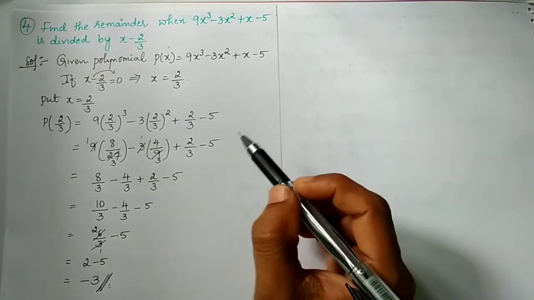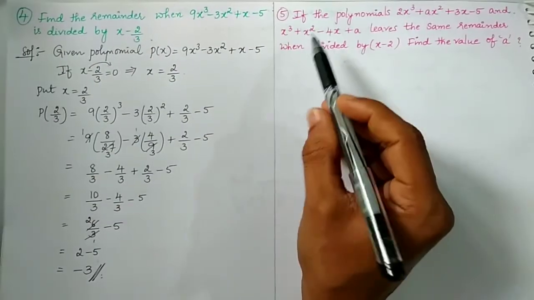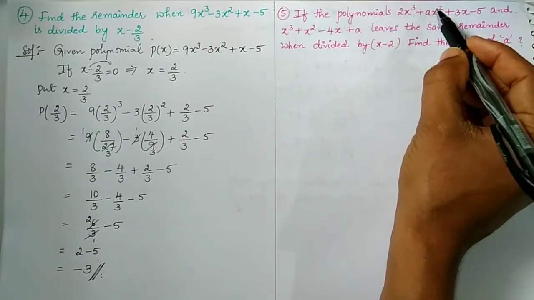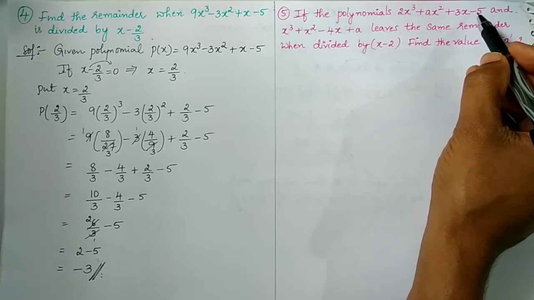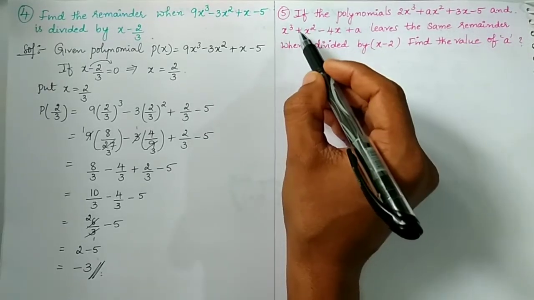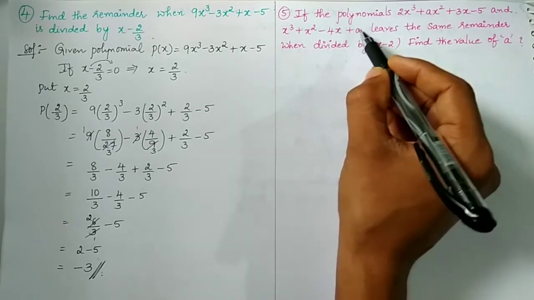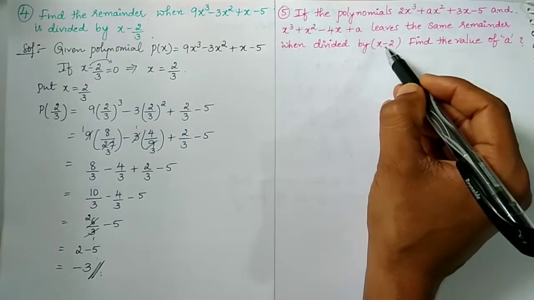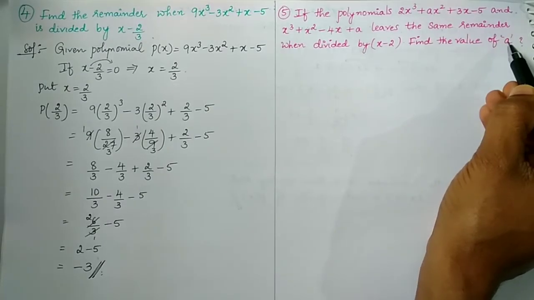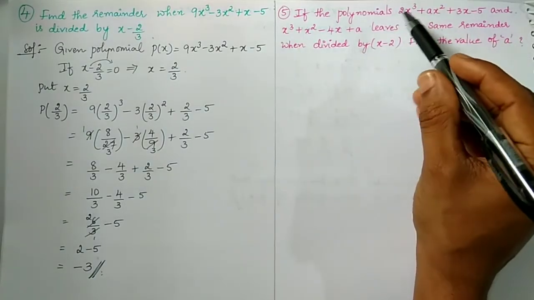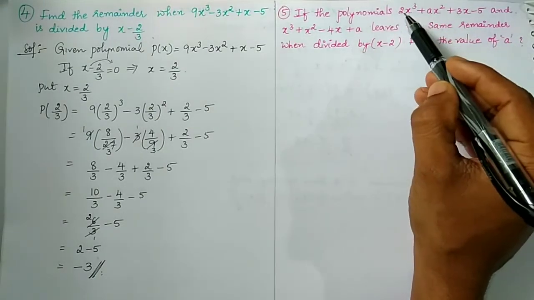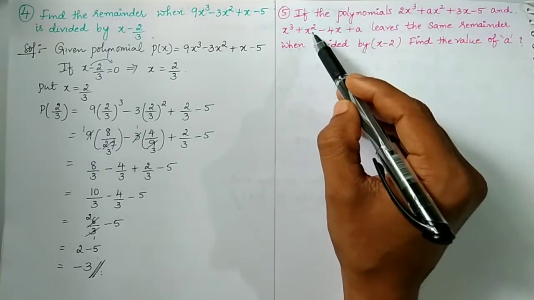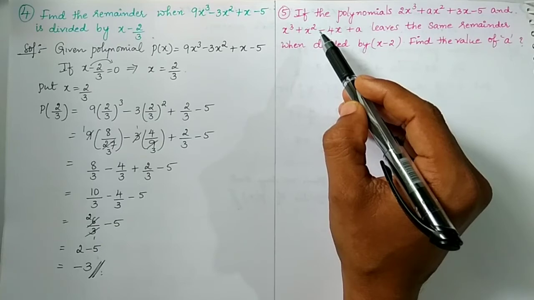Next we'll move on to the fifth one. Question number 5. If the polynomials 2x cube plus ax square plus 3x minus 5 and x cube plus x square minus 4x plus a leave the same remainder when divided by x minus 2, find the value of a. So here they have given the two polynomials. One polynomial we take as p of x and the other polynomial I take as f of x.